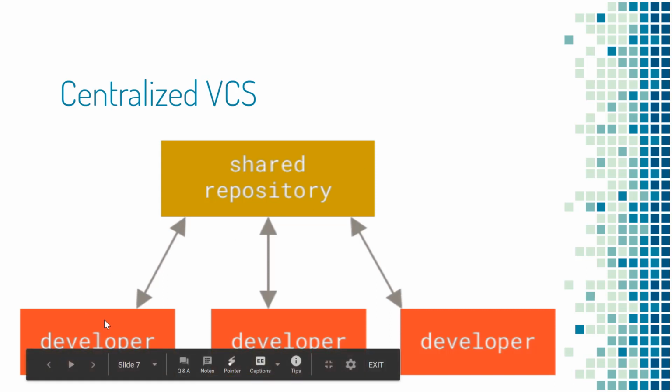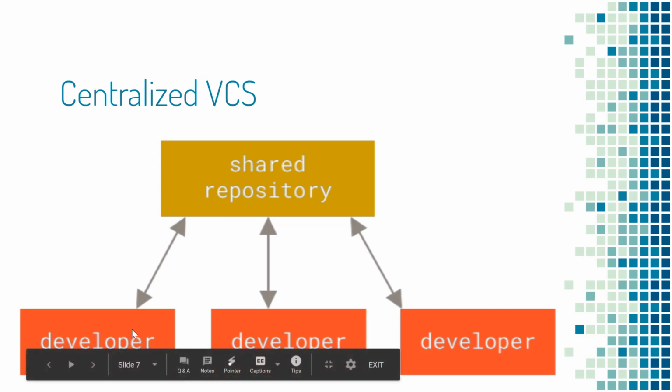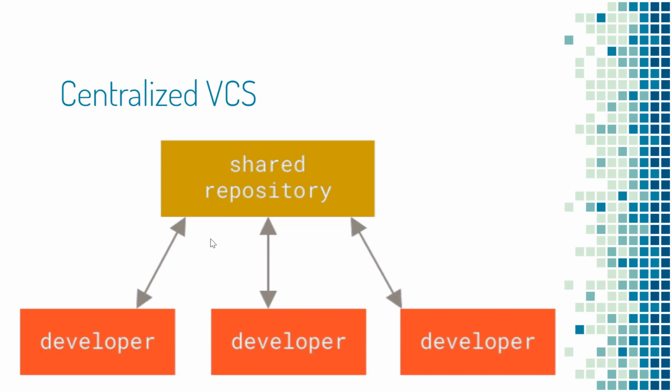Every developer should know what the other developer is working on, because let's say we have file number 1 in the code base here. Let's say developer 1 modified this file, 1.html here, and developer 2 modified the same file, and both of them pushed their change to the shared repository.